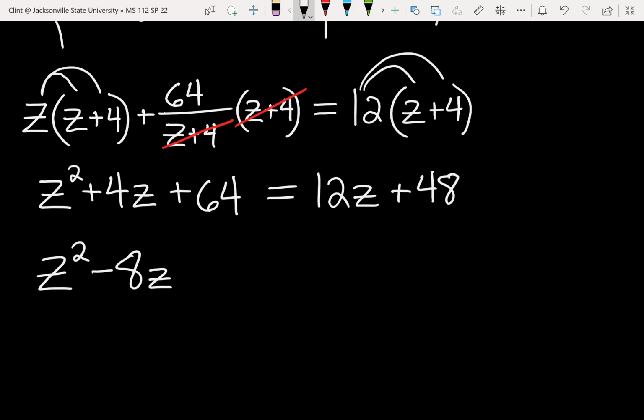And then 64 minus 48. That's 16, I think. Yeah. Have 0 on the other side.